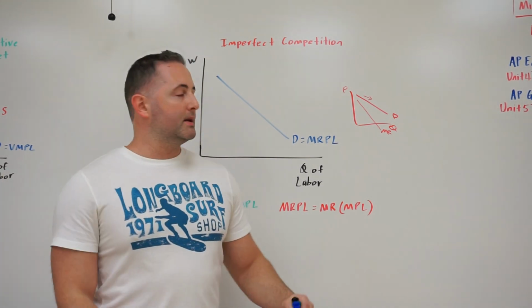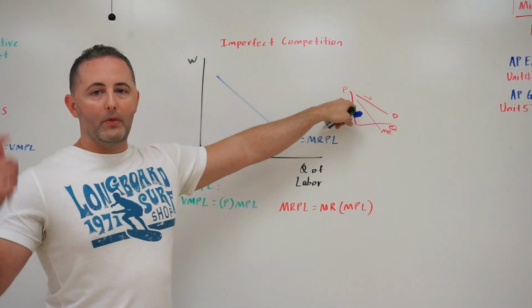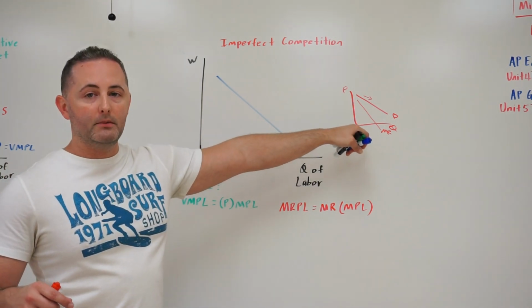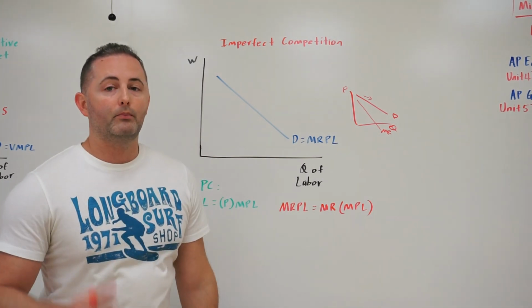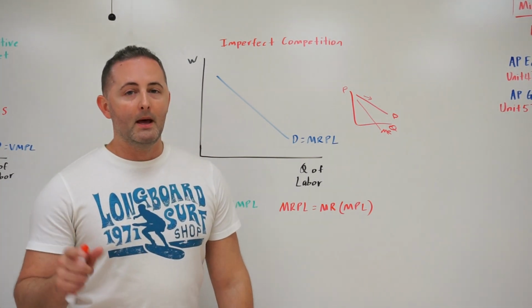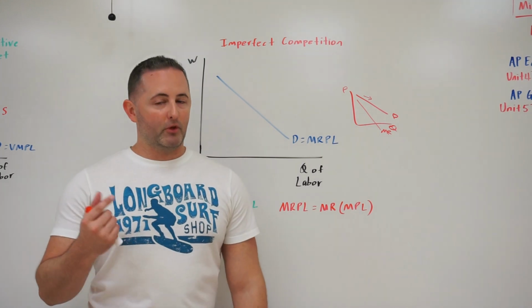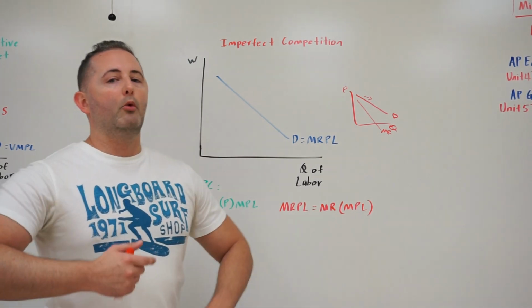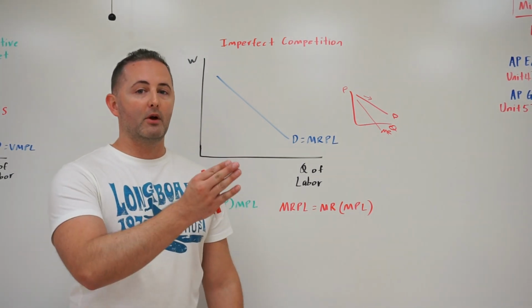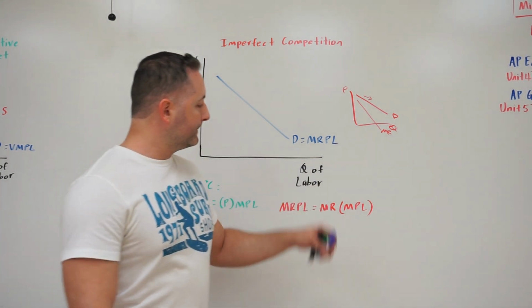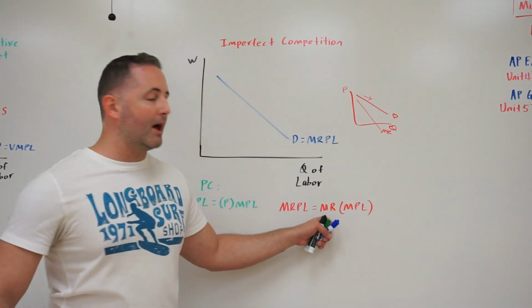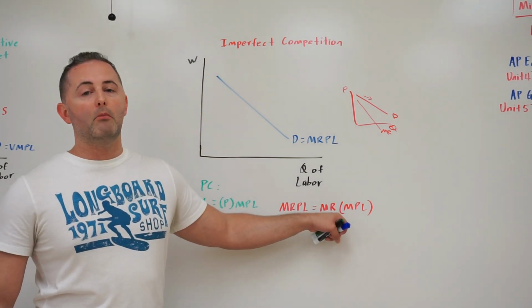Because when they increase that output, they have to lower the price. So yes, they gain the units that were sold at that price, but you also have to subtract for the price effect, because with that new lower price, they lost some revenue from all of the other units being sold.